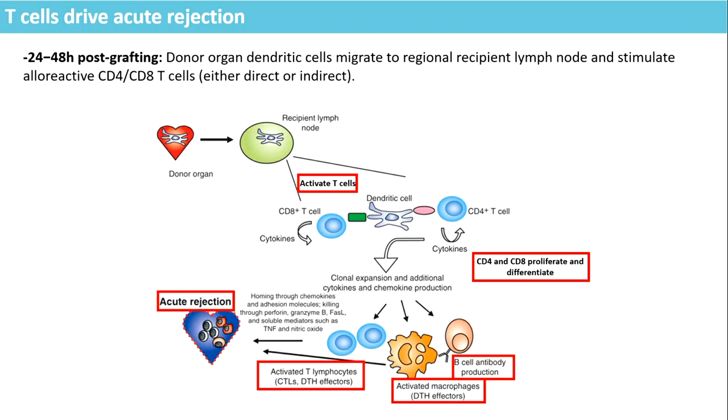We're getting activation and proliferation of the CD4 and CD8 T cells, and this helps to direct the B cell antibody response and the production of antibodies, activating macrophages, as well as a delayed type hypersensitivity response, but also activation of cytotoxic T cells. But essentially, all of this is going to mediate the ultimate acute rejection of that graft.